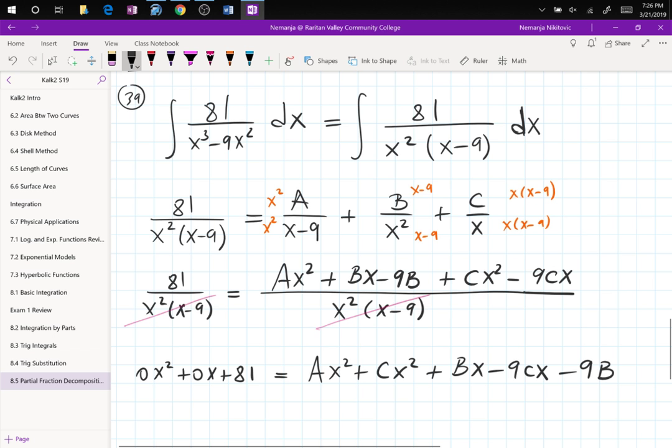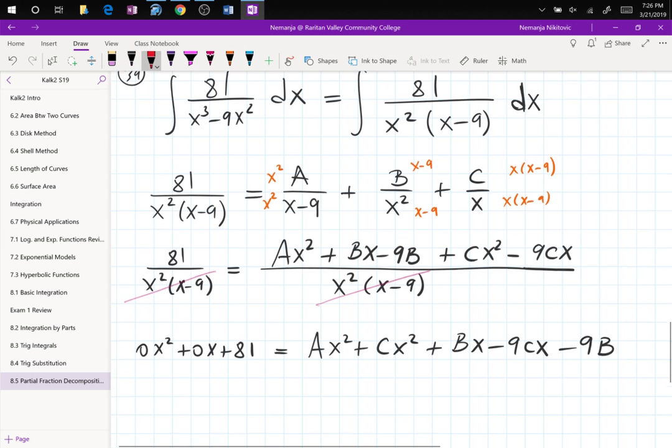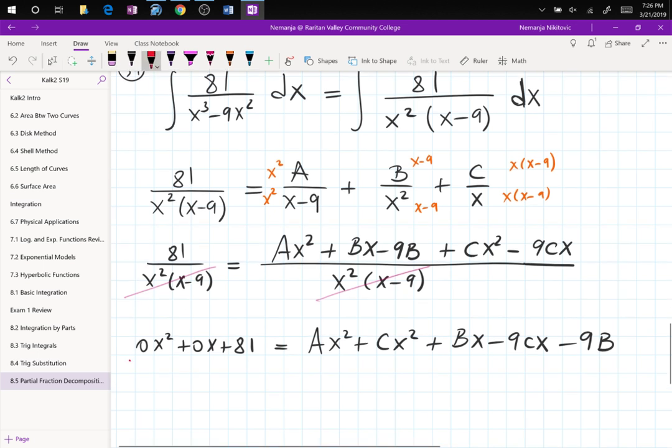So now I use colors, 3 colors for 3 equations. Color number 1, let's say red, is going to be for my x squares. Drop x squares right away. You don't need them. You get A plus C is 0.